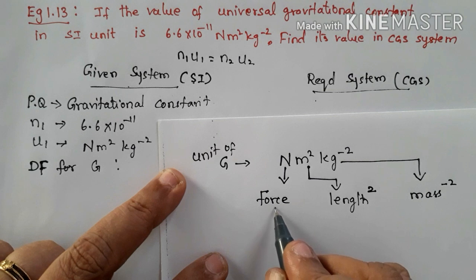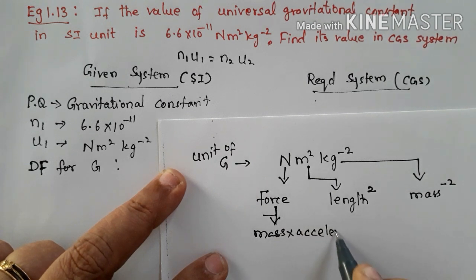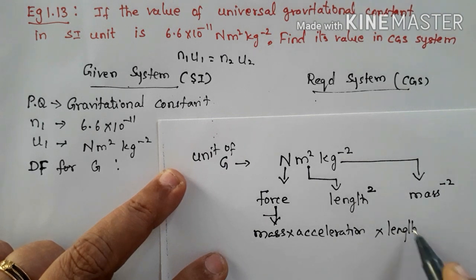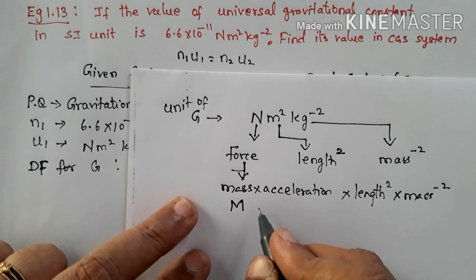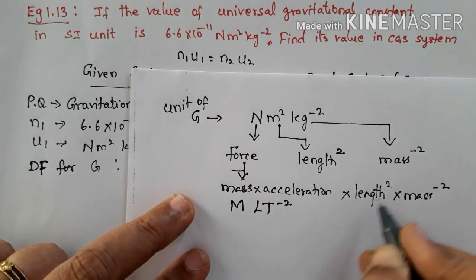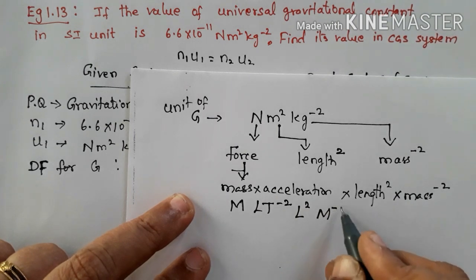And again I will write the force formula. Force is nothing but mass into acceleration. Here you got length square, and here you got mass power minus 2. Now you know the dimensional formula: mass M, and acceleration, which you must know, is L T power minus 2.